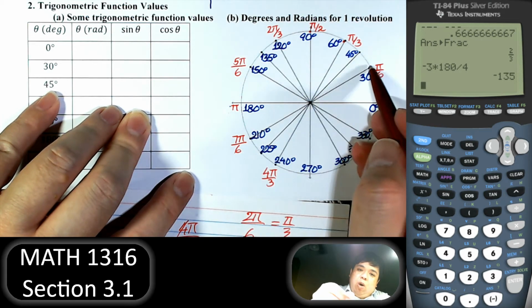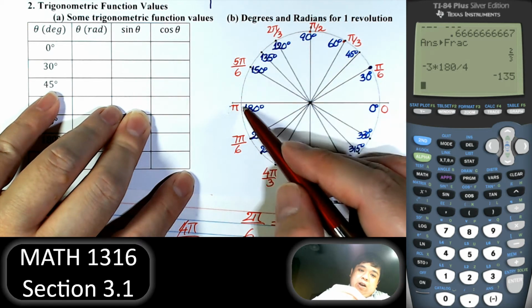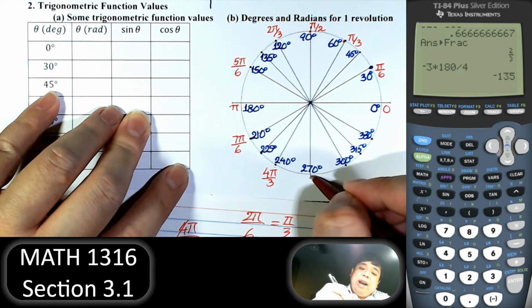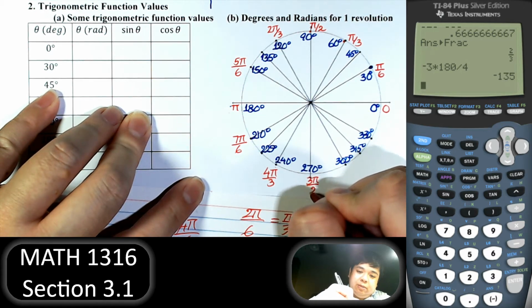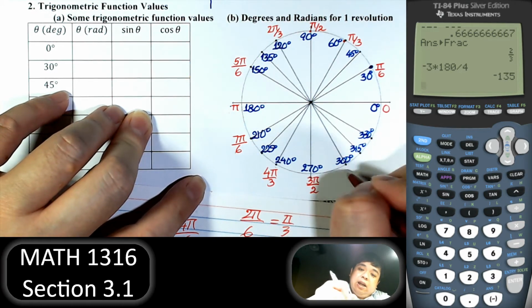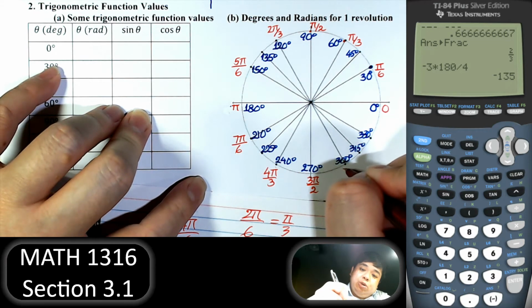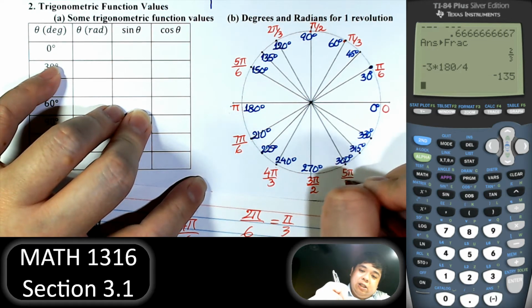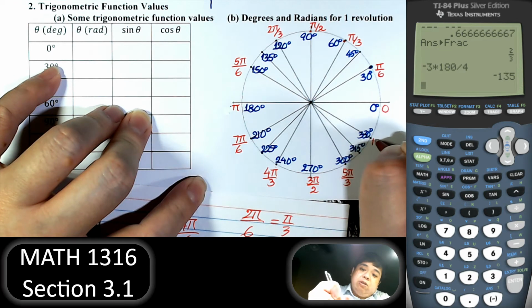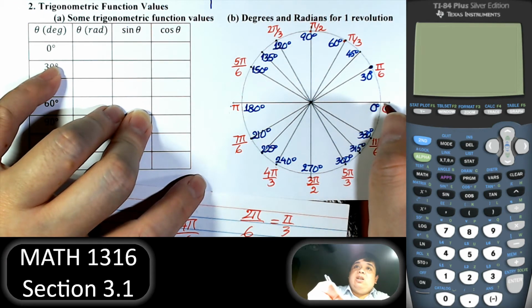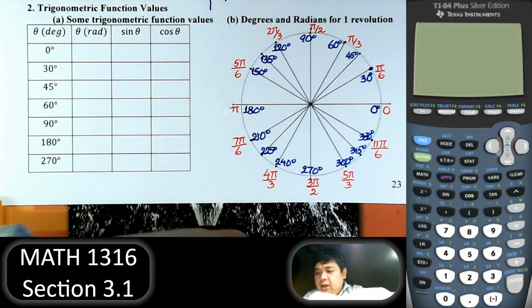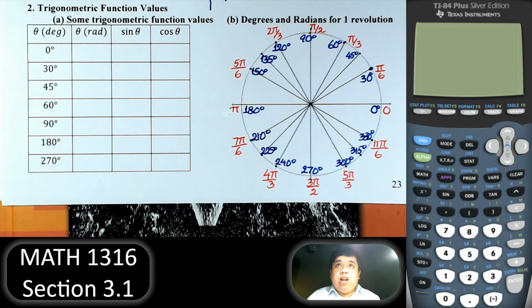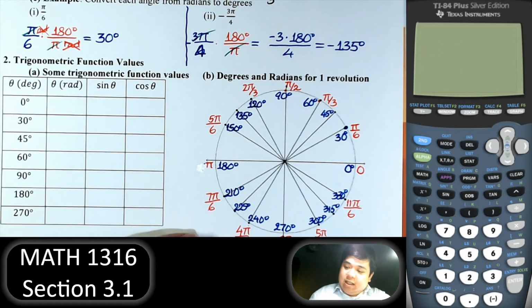So 1, 2, 3, 4, 5, 6, 7, 8 pi over 6, 9 pi over 6 reduced to 3 pi over 2, 10 pi over 6 reduced to 5 pi over 3, 11 pi over 6, that is not reduced, and then 12 pi over 6 or 2 pi. So those are the values equivalent to multiples of 30 degrees.